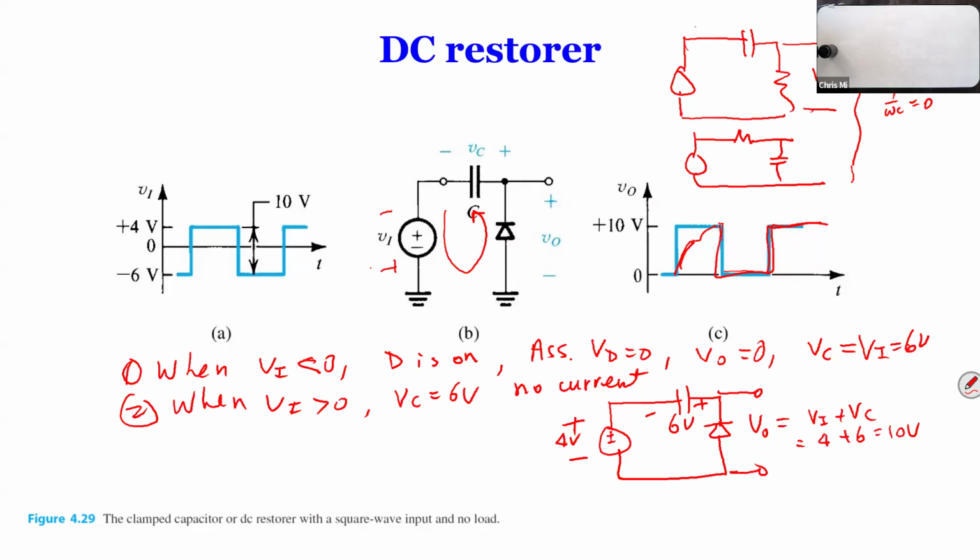Therefore at high frequency, in the top circuit, 1 over omega C is 0, so all the voltage is applied at VO, so that's a high pass. At the bottom, at high frequency, the output is 0, but at low frequency it's an open circuit. So this is low pass. And of course you connect your load over here.